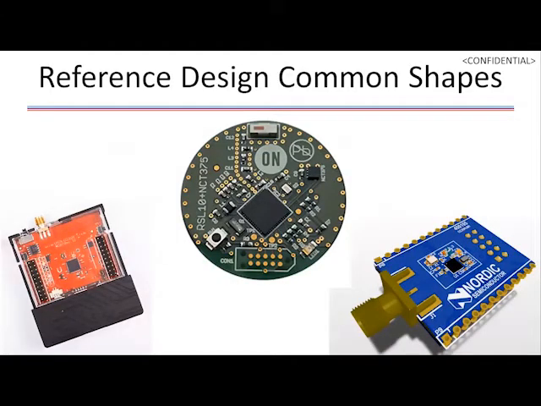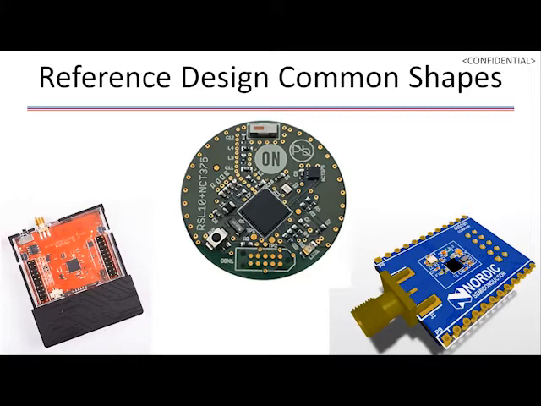These semiconductor companies, these chipset companies, will put out a myriad of different reference designs with different shapes and sizes, depending, of course, on the frequency. But bottom line is they're just giving you a building block, a starting point to what eventually will be your product, the shape, size.